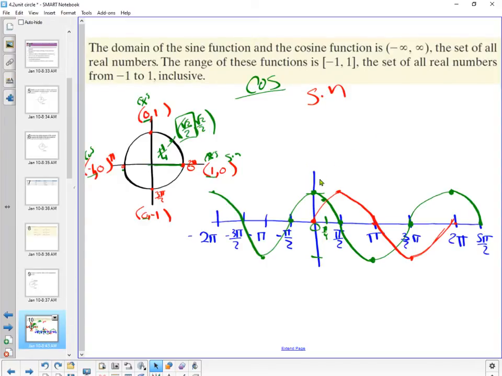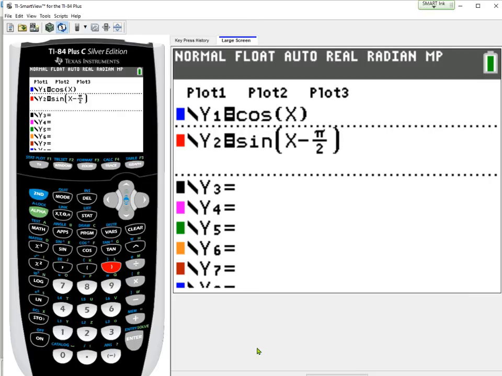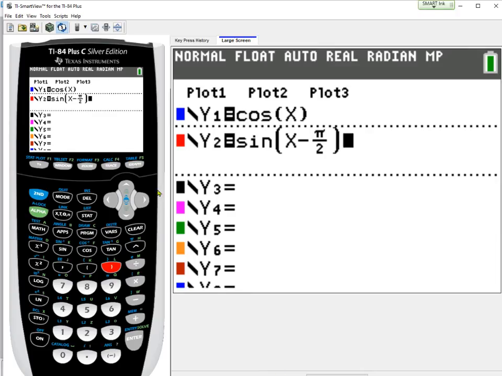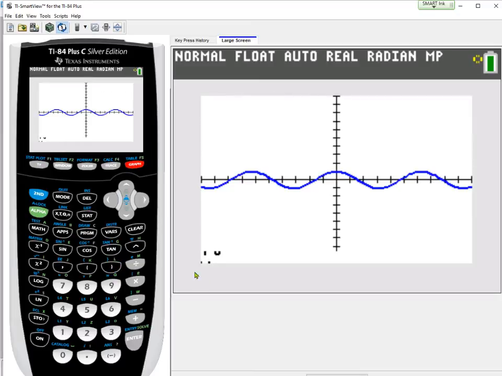Okay, maybe sine minus but cosine plus? We're trying to get a graph where the sine one ends up being right on top of the cosine one, so you can see that they're exactly the same curve. Push enter to see if we're wrong or right. No, you should already know. Trial and error.